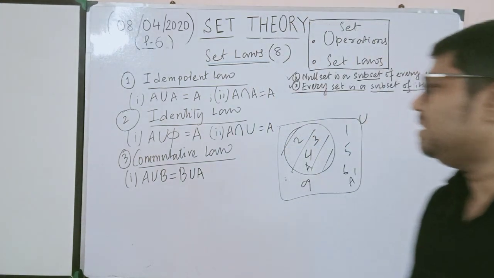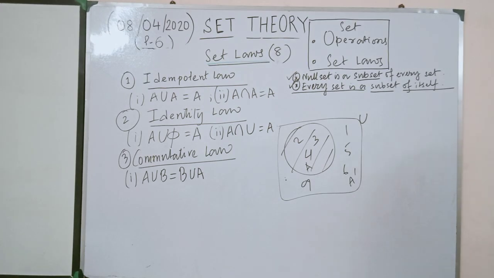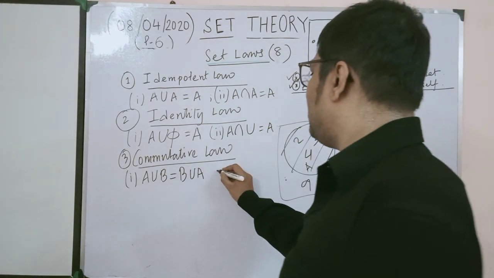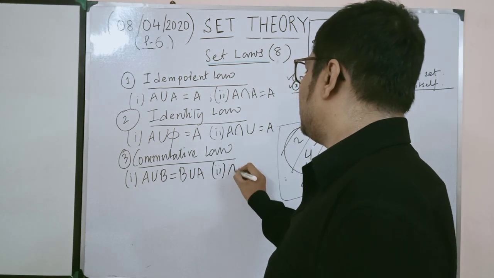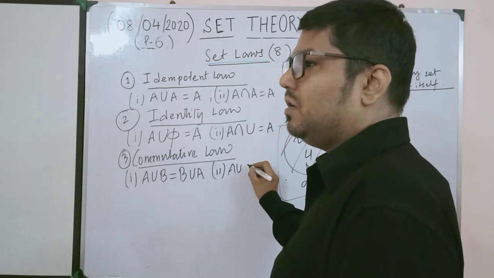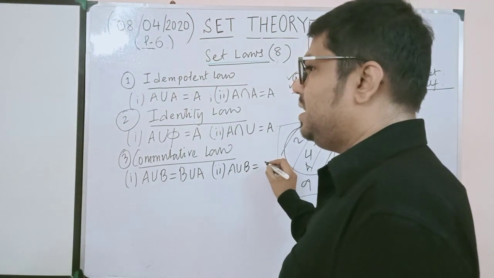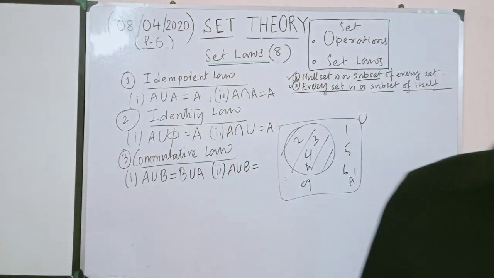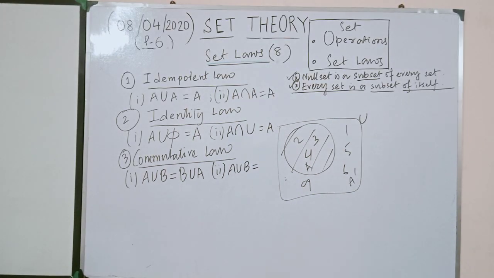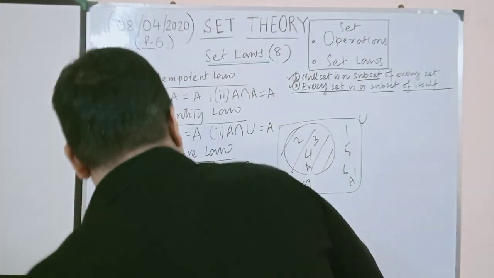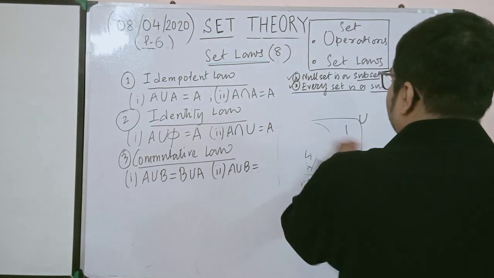A union B will be equal to B union A. Same thing, here also another law we write: A intersection B will be equal to B intersection A. I can erase this part, that will be good for us, making a little space.